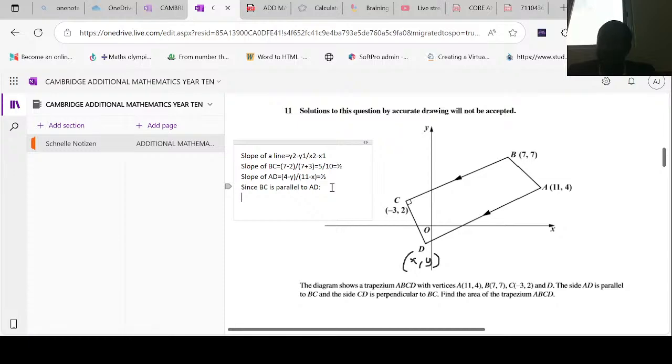But what we are interested in is to find the area of trapezium ABCD. So if we are finding the area of trapezium, you know that the area of trapezium is half times the length of this side plus the length of the other side, times the distance between here and here, the height. So we need that information. So let's get the coordinate because we'll use it to calculate the distance.